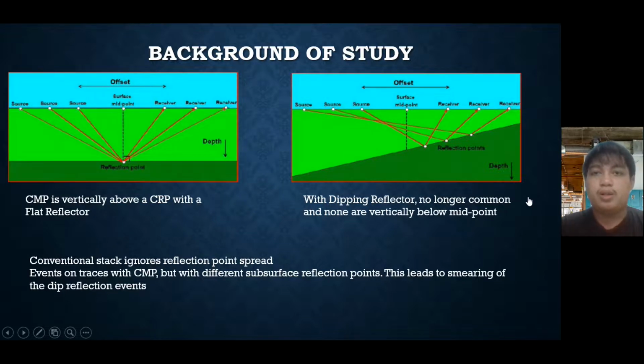So the conventional stack ignores that the reflection points spread out. The traces share the same CMP at the surface but have different subsurface reflection points. This eventually leads to smearing of the dipping reflection events, as we can see in the second picture of the dipping reflector.